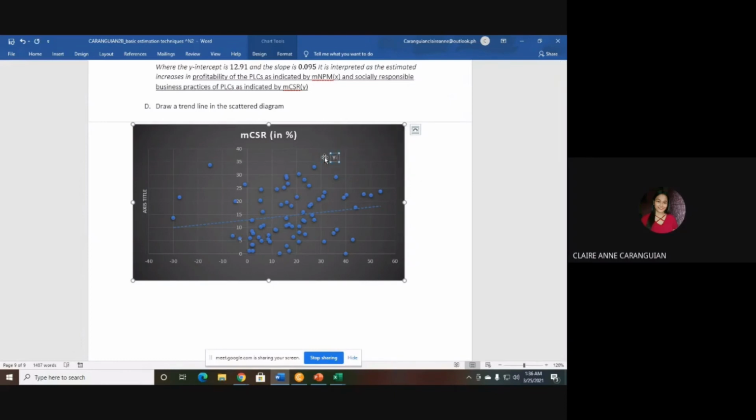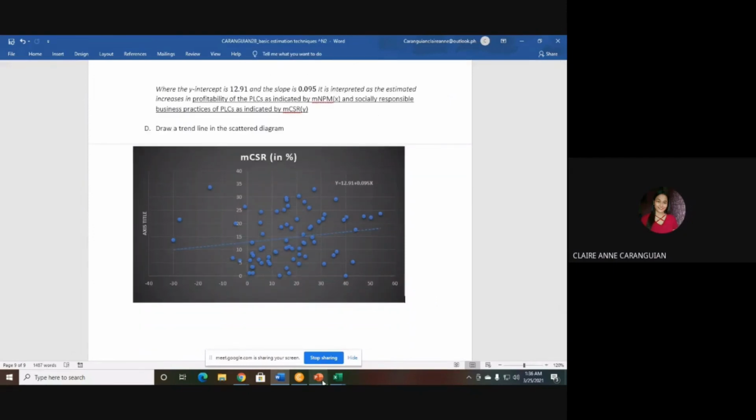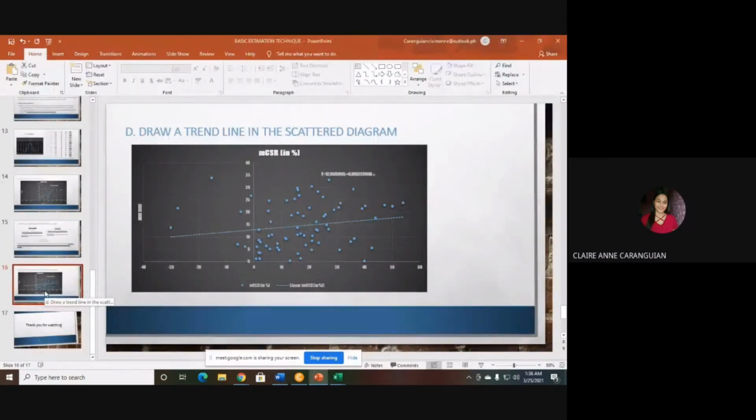Y is equal to 12.91 plus 0.095x. So, ayan yun. Yan yung simple regression natin na nilagyan natin ng trend line using scattered diagram. So, ganyan yung paano. Di ba same lang?